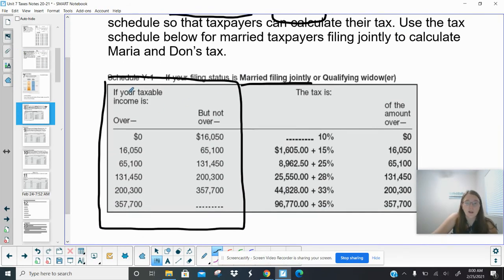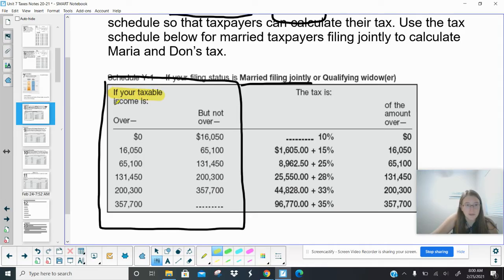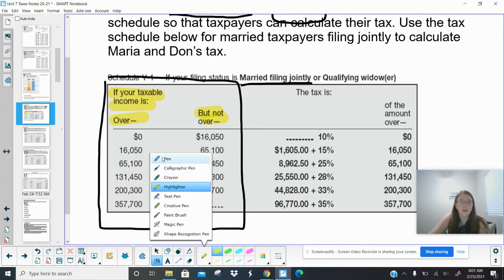How we read this table is it bounces up and down. It starts here by saying if your taxable income is over the number in this column, but not over the number in this column. That just means in between, right? It's over this number, but not over this number. That means in between.